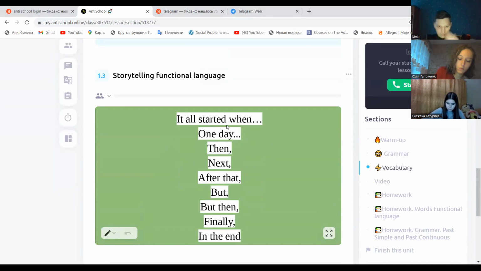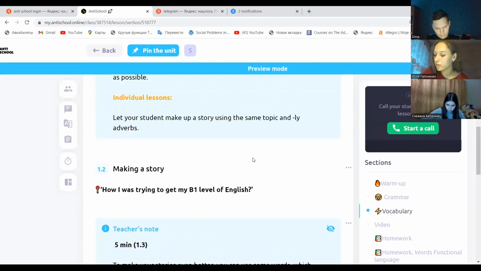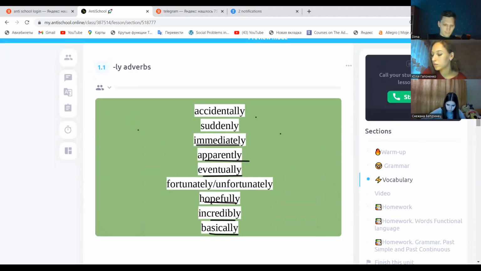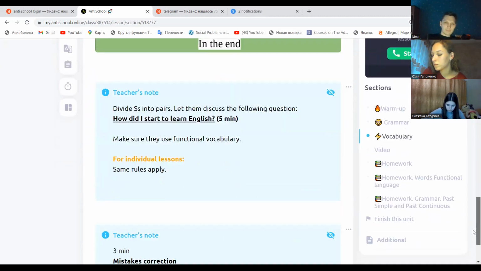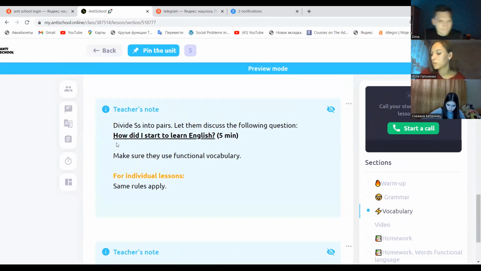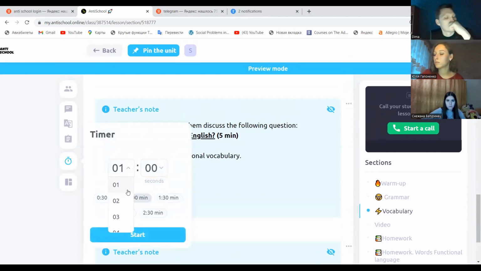Also, we usually use these words when we are writing essays. It is useful to use them in the essays. So not a long story, just 5, 6 sentences. I will give you, let's say, 6, 7 minutes. Is it clear?